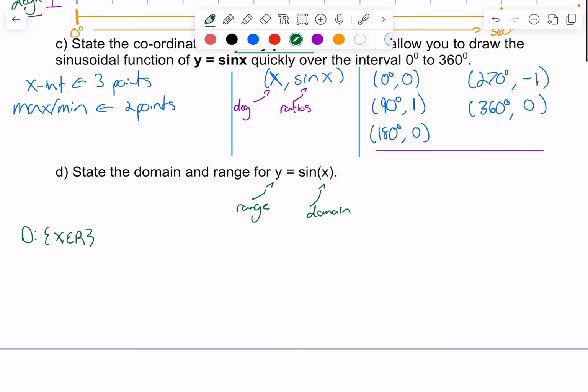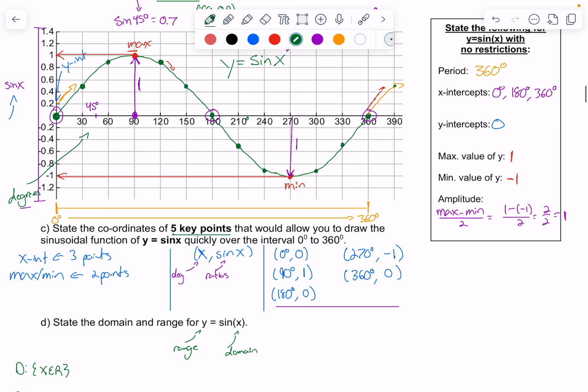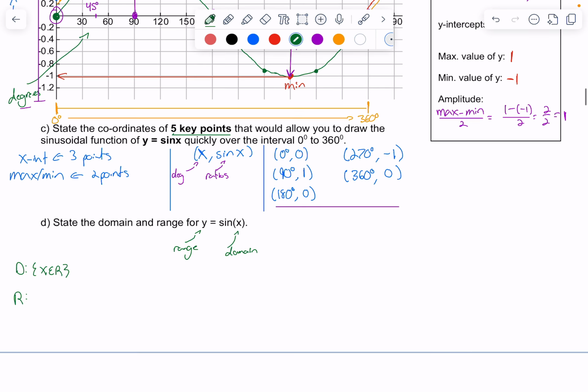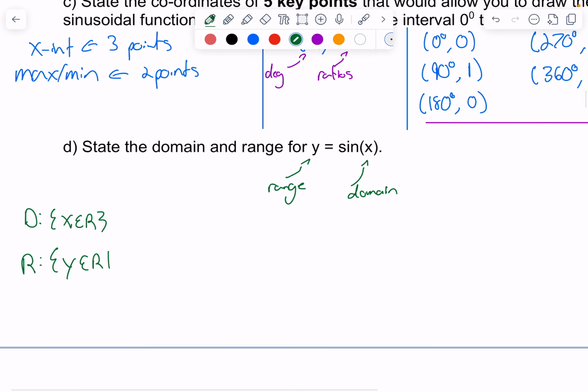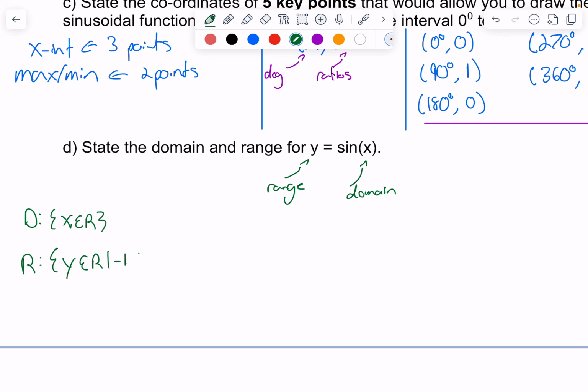So our range, on the other hand, you can clearly see that whenever you use the words maximum or minimum, that literally means that is the highest point or the lowest point you'll ever hit. So there is a constraint on your y's. Your y's are constrained between your minimum, which is negative 1, and it also has to fall below 1.